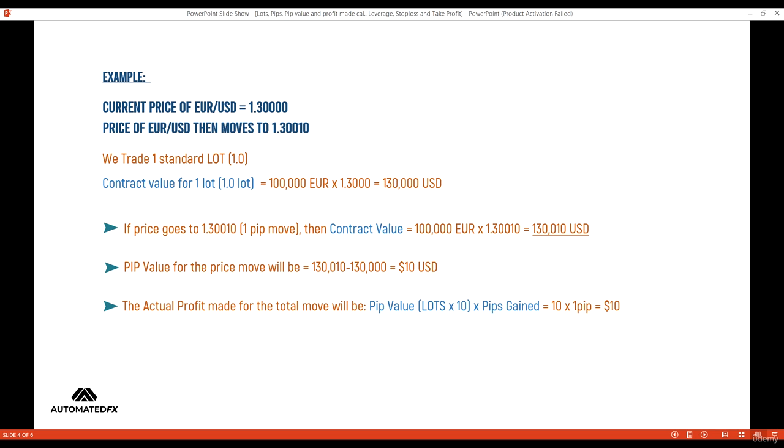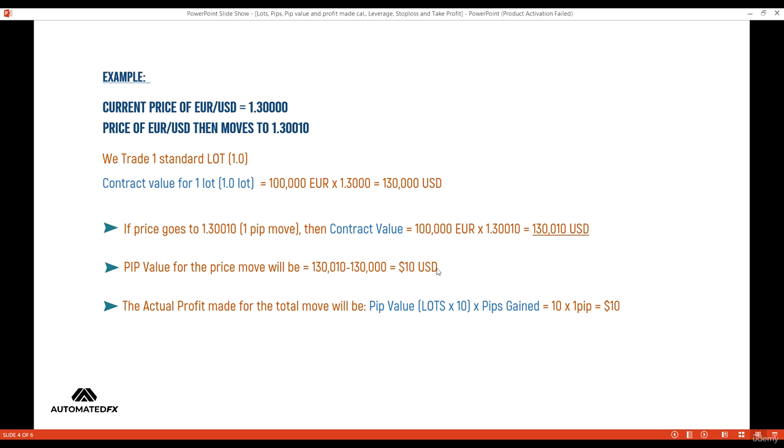We have to multiply 100,000 euros by the new price after the one pip movement, which is 1.30010. That is equal to $130,010. Now the pip value for the price move will be $130,010 minus $130,000, which is equal to $10. So the pip value for this price move is $10.